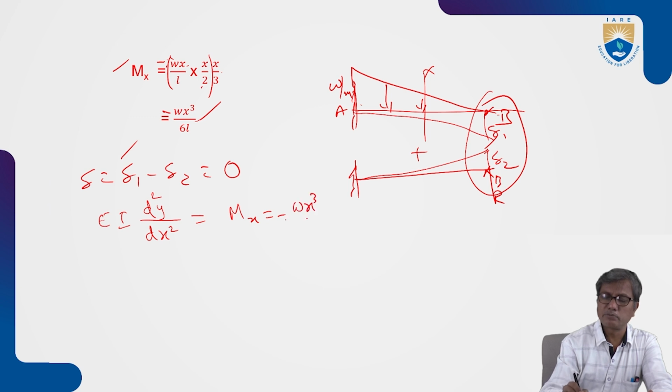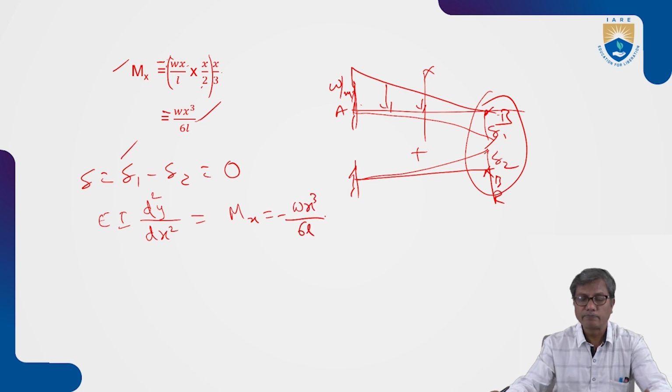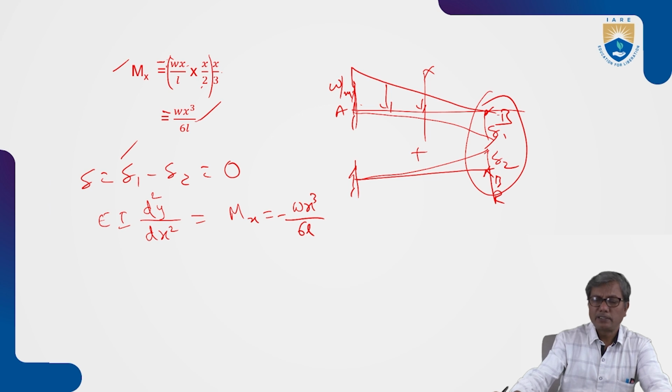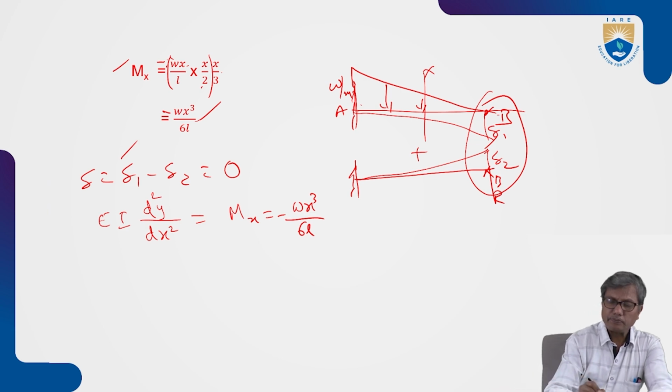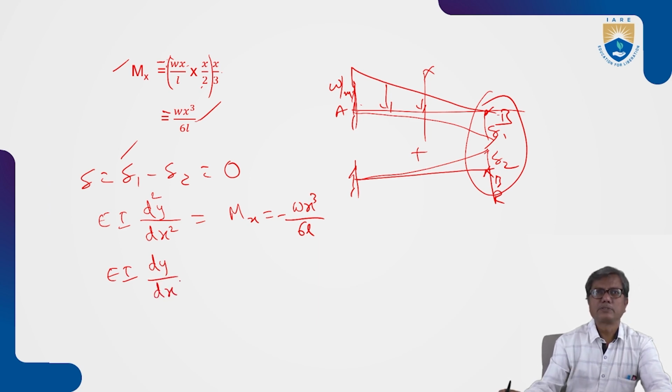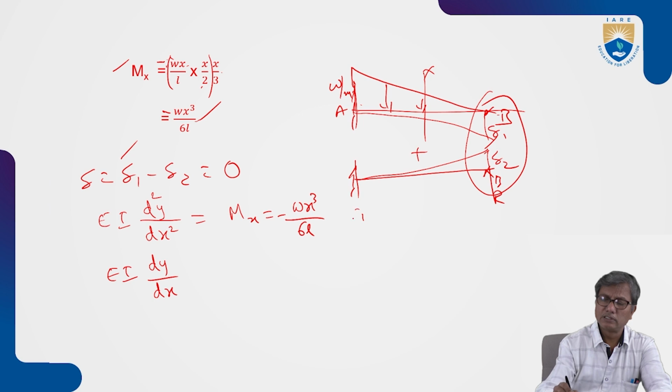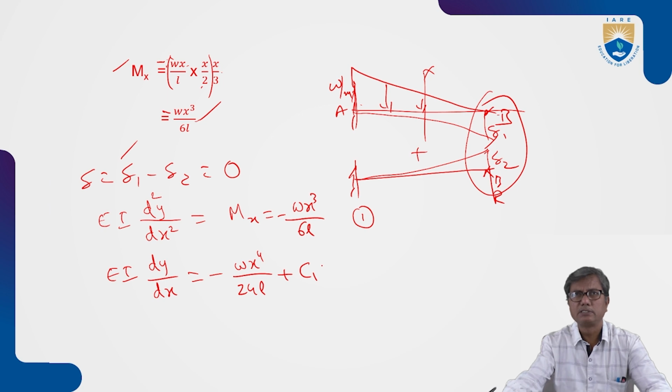To find deflection delta 1, we will integrate this equation with respect to x. What will you get by integration? Wx power 4 by 24L plus constant of integration C1.